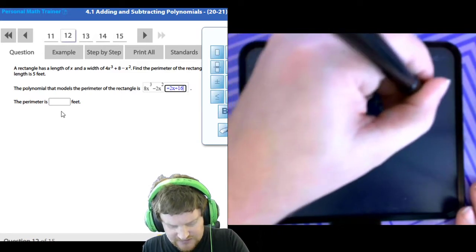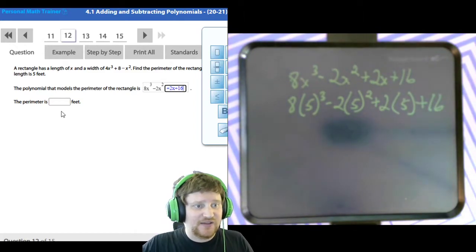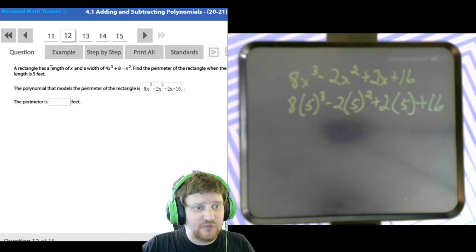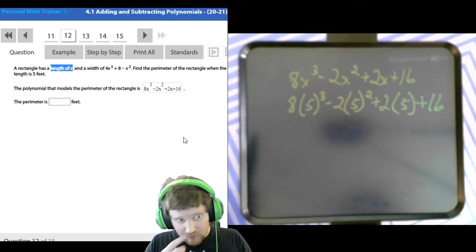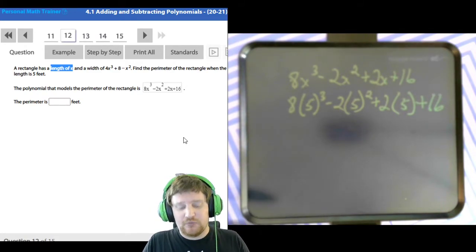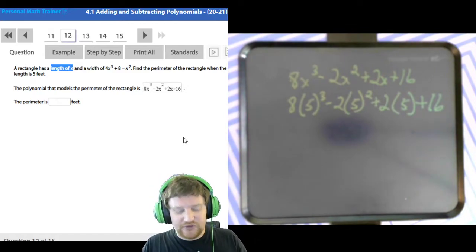So everywhere I see an x, they said since the length is 5 feet, that means x equals 5 because the length was x. So I just took our polynomial that models the perimeter, and I just plugged in a 5 every time there was an x.